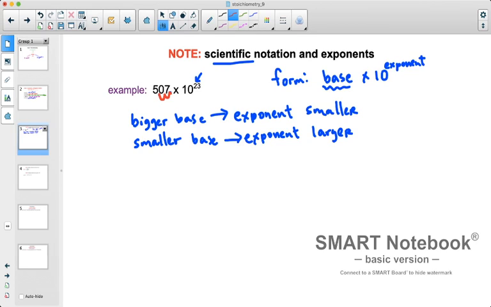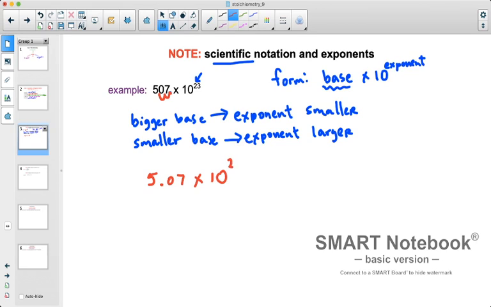So I end up getting a base of 5.07. Now, since I moved my decimal to the left 2 times, that means that my exponent must now become larger by 2. So instead of being 5.07 times 10 to the 23, it now becomes 5.07 times 10 to the 25.